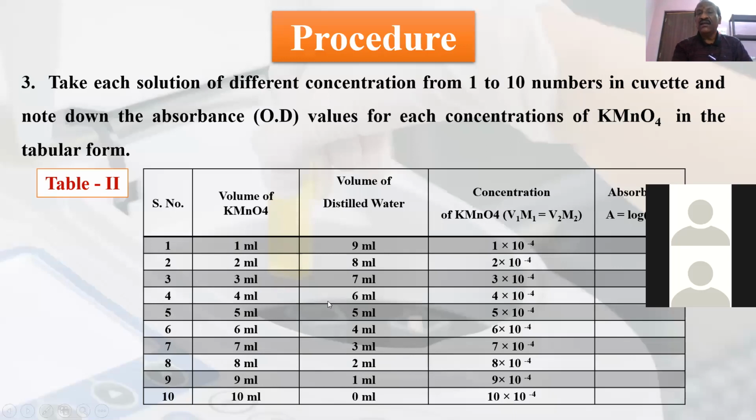By that we draw a straight line passing through the origin, so it obeys Beer's law. That is over. After that we will give the unknown solution. That unknown solution also, similarly, you take in the cuvette, put in the slot and switch on the spectrophotometer. Okay, are you followed?